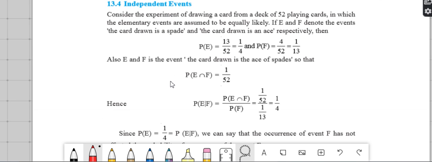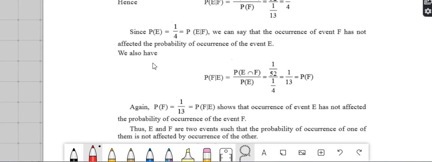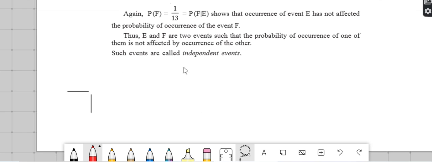Now let us talk about independent events. First of all, let me tell you the meaning of an independent event.